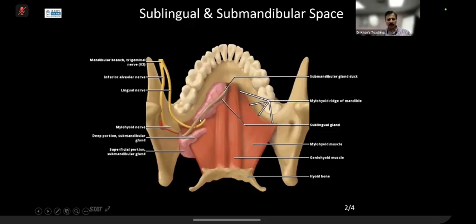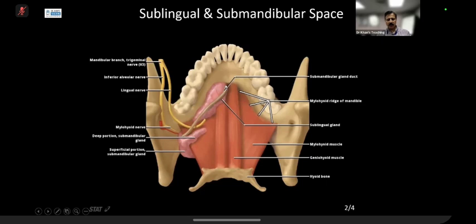And superior to that here is the sublingual space. Inferior to that is the submandibular space. Key point to remember: most of the submandibular gland is sitting inferior to the mylohyoid, except for the deep portion. But the submandibular duct actually goes into the sublingual space.